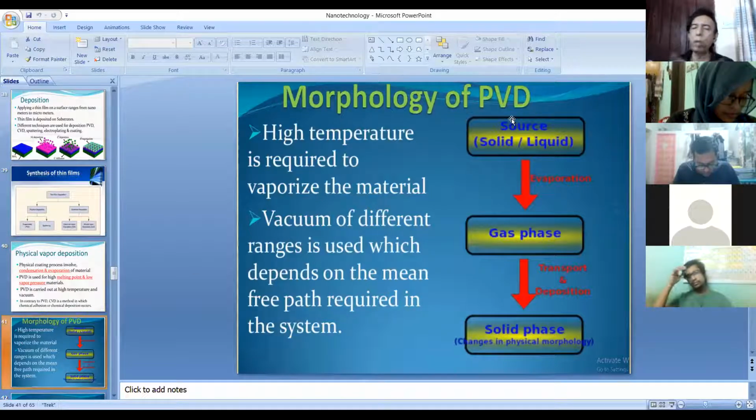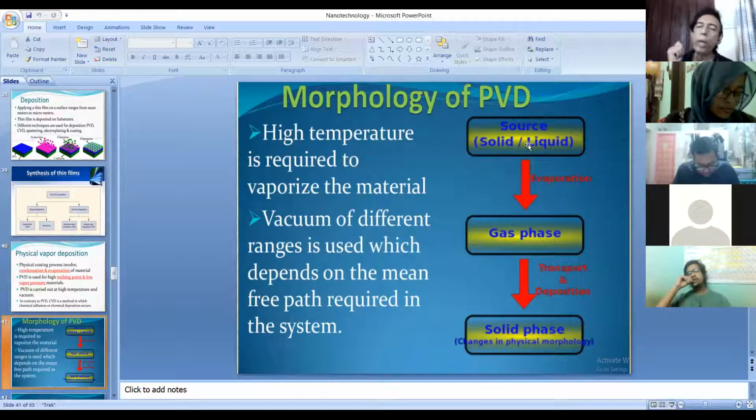Say you want to make a thin film of aluminum. So this is the source or the target, whatever we can call it. The source or target is aluminum.